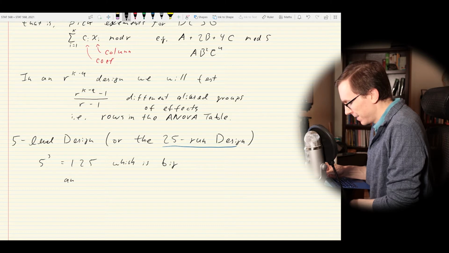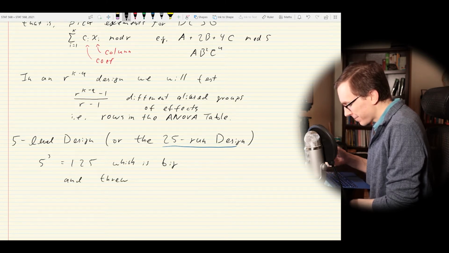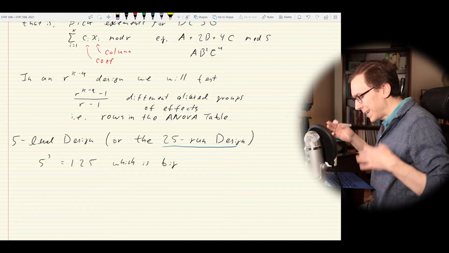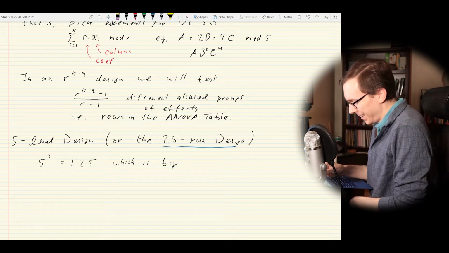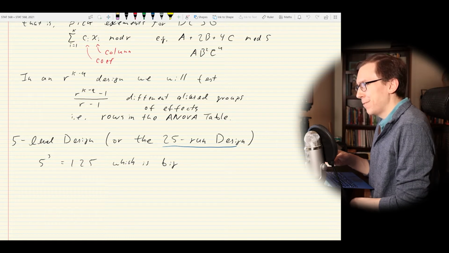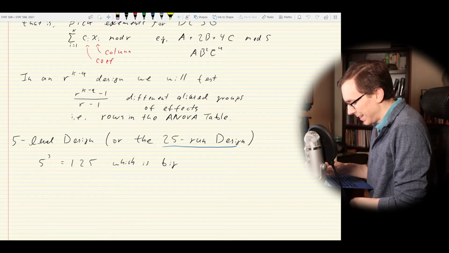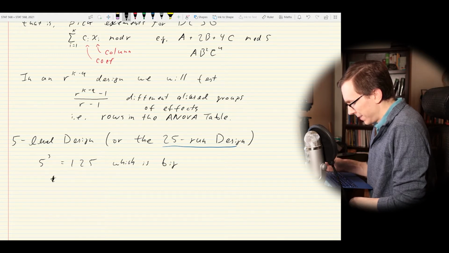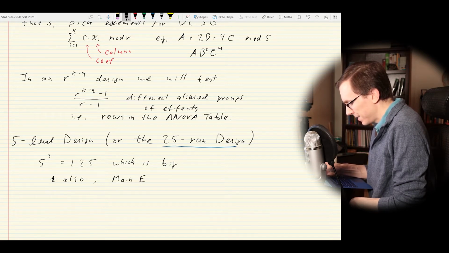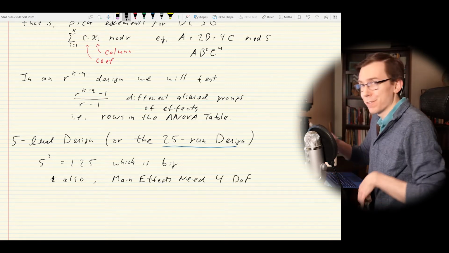And if we considered a 5 to the 3 factorial design, then, I should say, which is big, also, we'll say main effects need 4 degrees of freedom, which is 5 minus 1, and three-way interactions.